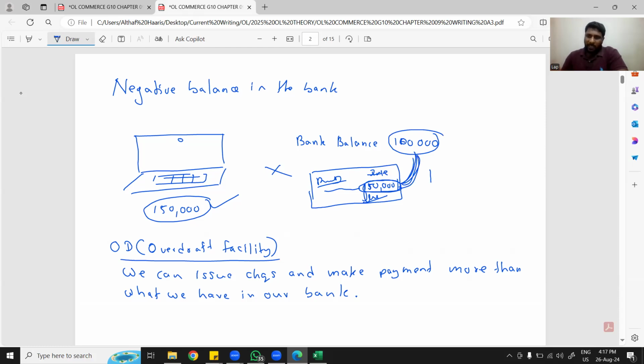So then the bank, it's kind of a short-term loan. Very short-term loan. So in my bank, there is only 100,000. 100,000 will get reduced.